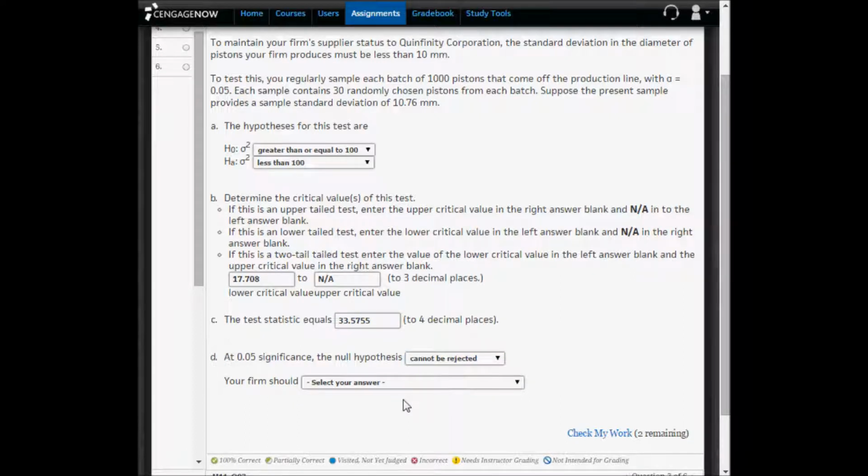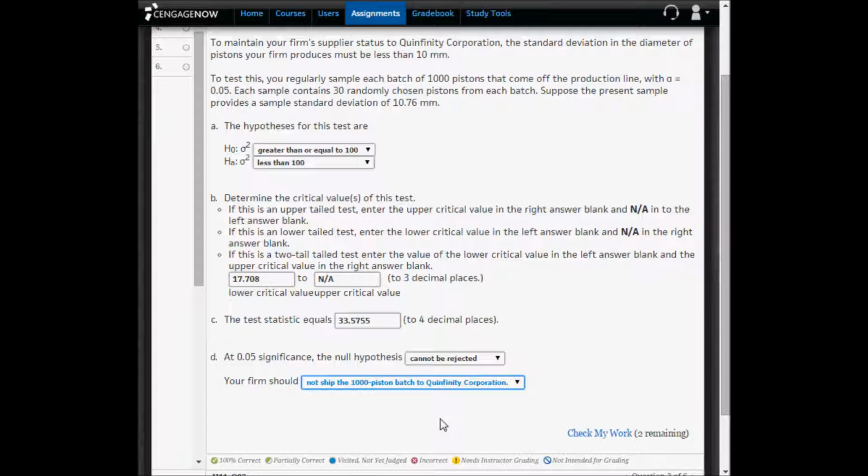So, what do we conclude about the firm? Your firm should not ship the 1,000 piston batch to Quinnifi Corporation because we are not meeting the less than 10 millimeter standard deviation requirement.